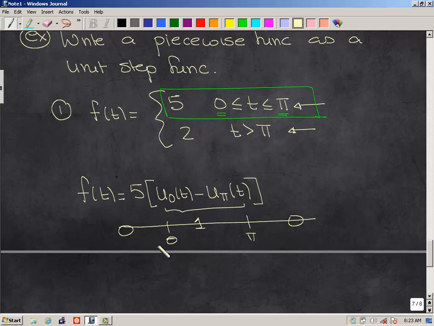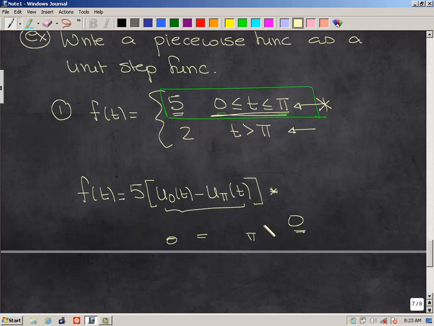If you take to the left of 0 and multiply by 5, you're going to get 0. Between 0 and pi, since this difference is 1, 5 times 1 gives you 5. That's correct. And to the right of pi, this difference is going to be 0, so 5 times 0 gives 0. So this can be written this way.